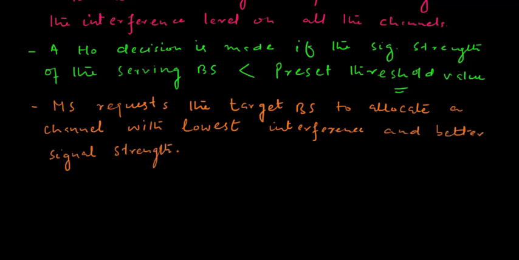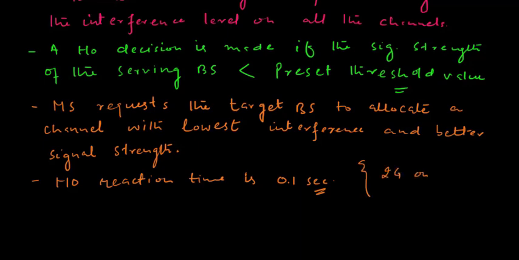In this mobile controlled handoff, the handoff reaction time is 0.1 second. In the generations 2G onwards, we used this type of handoff, that is mobile assisted handoff, like you have the example of DECT, that is digital enhanced cordless telephone systems.